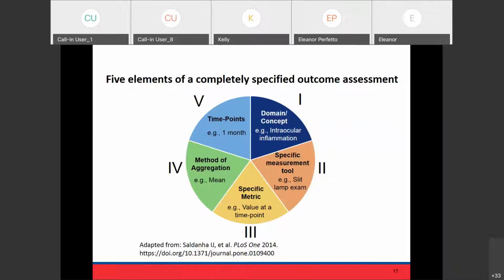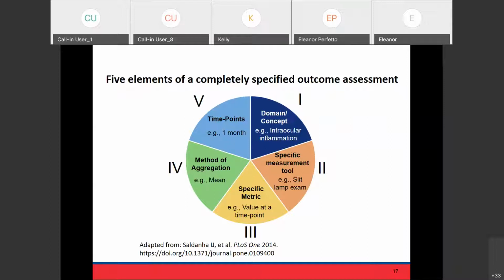Are you going to measure a parameter from baseline over a given period of time, like maybe look at time 0 and then a month out? These types of considerations, taken together, make up a fully specified outcome assessment.